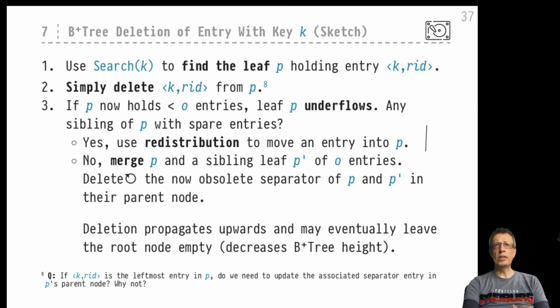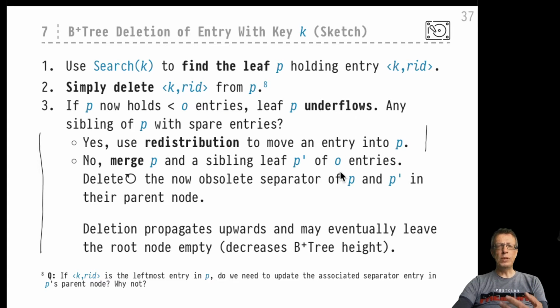If there is no such sibling that has something to spare, that means that the one sibling of our leaf node P has only O entries. So also the siblings are really very weakly packed, at minimum occupancy. Then we can perform merging. The leaf node P only has O-1 entries. That's why we have to react to the underflow. One of our siblings has only O entries, otherwise it would have something to spare and we could use redistribution.